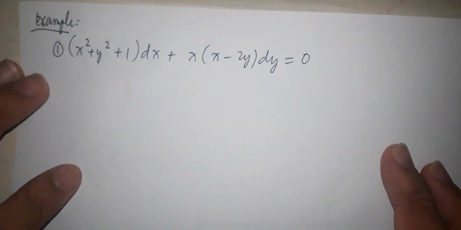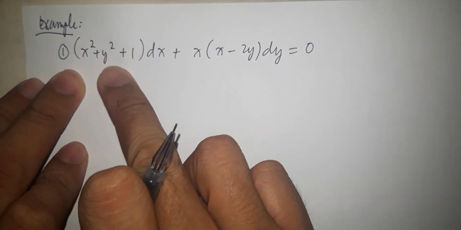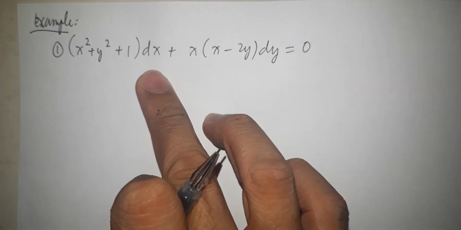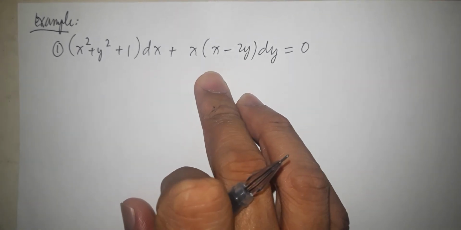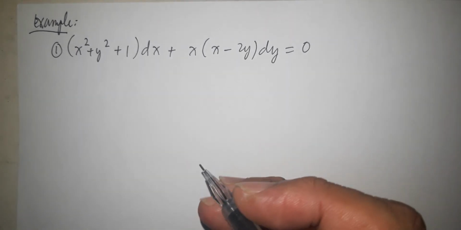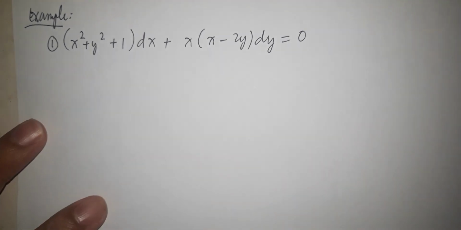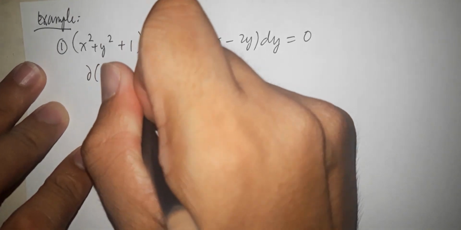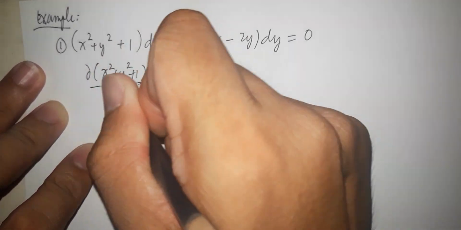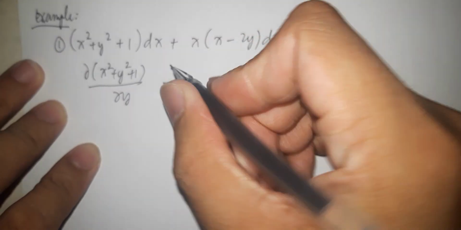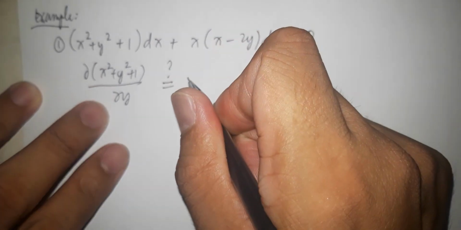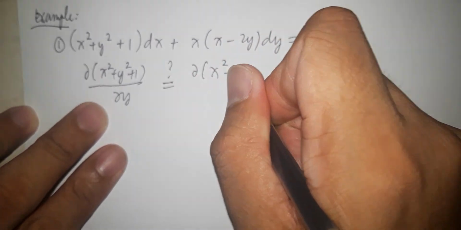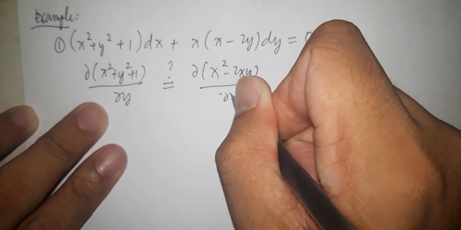So let's try x squared plus y squared plus 1 dx plus x quantity x minus 2y dy is equal to 0. So, syempre, kailangan muna natin i-test yung exactness. So, partial derivative ni x squared plus y squared plus 1 with respect to y must be equal daw to partial derivative ni x squared minus 2xy with respect to x.